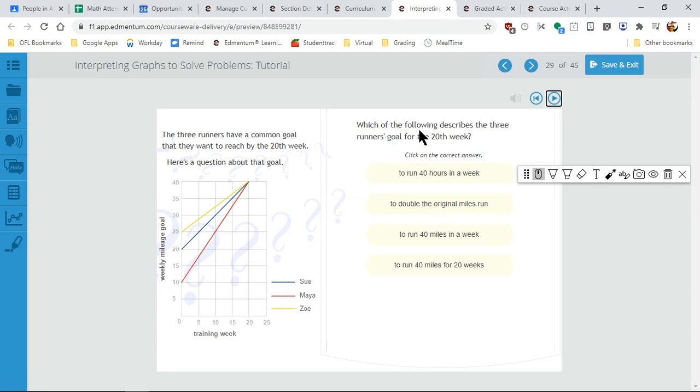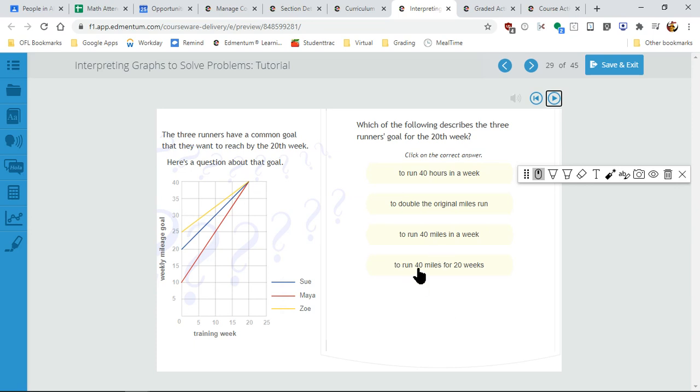Which of the following describes the three runners' goal in the 20th week? So we go to 20. They all want to be at 40 miles in that week, to run 40 miles in a week. They're not doubling because, for example, Zoe doesn't double her miles.